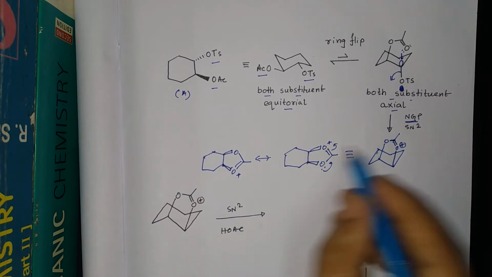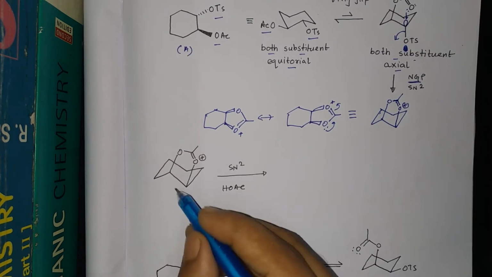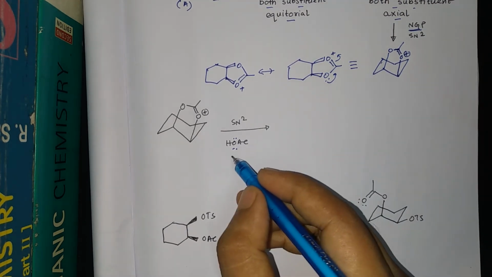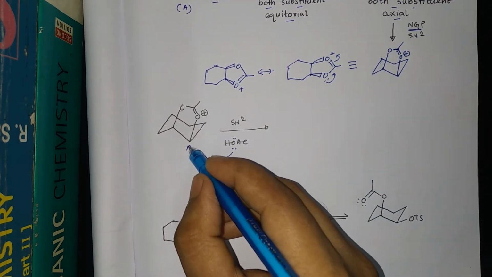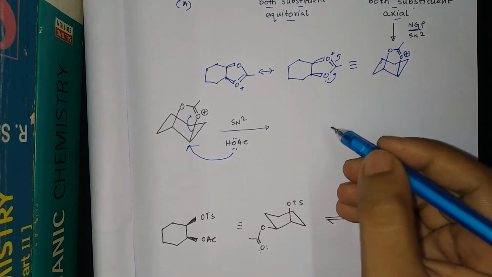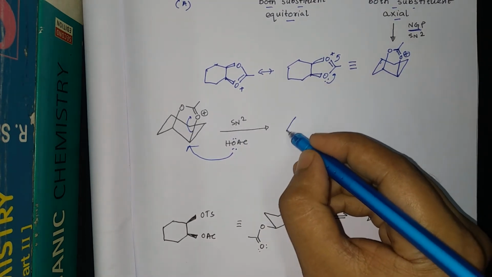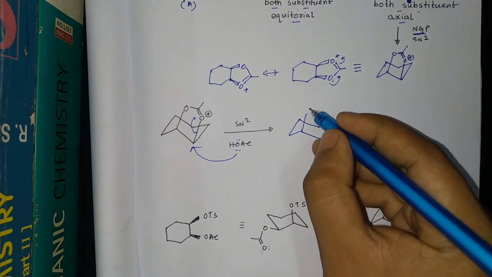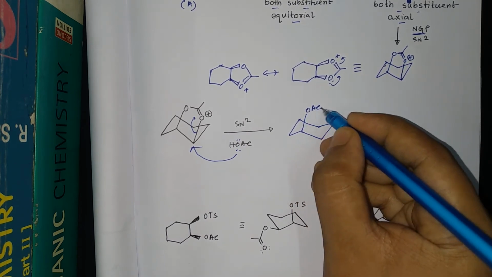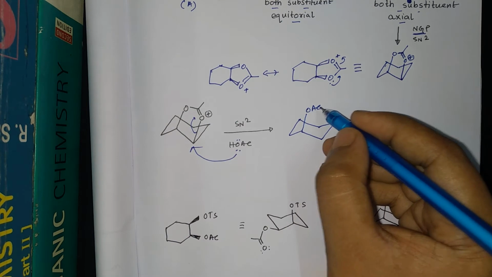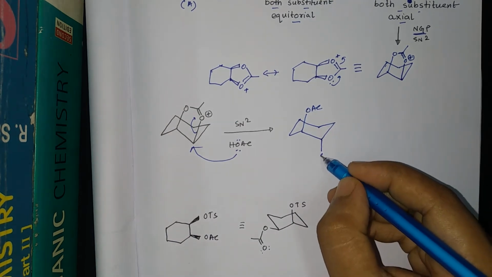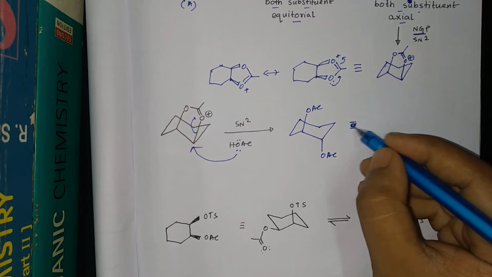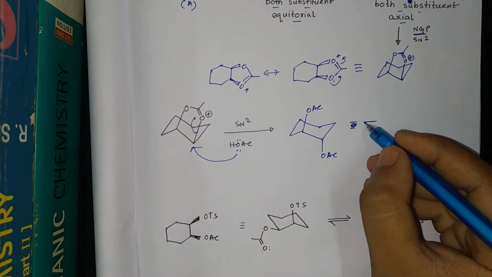Now this intermediate will go for a further SN2 type of reaction. So there are two sequential SN2 reactions happening here. This will attack and this will be removed, and this will form, with OAc here, because OCOCH3 is OAc, and OAc here also. A ring flip can happen because the axial orientation is not so stable.